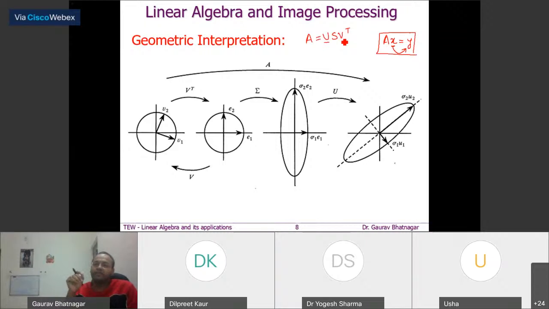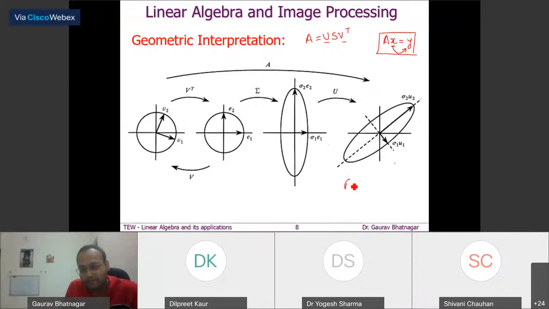Which orthogonal matrix have you been using right from your 11th class when geometry was introduced to you? I think in the last lecture we have seen that matrix. Sir, it's cos theta, sin theta, minus sin theta, cos theta. Okay, what is the name of that matrix? Rotation matrix. Yes, rotation matrix.